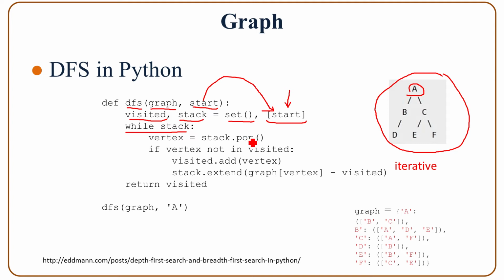You pop the element on the top of the stack and store it to vertex. So if that vertex or node is not visited yet, then add it to the visited set, and then extend the stack.